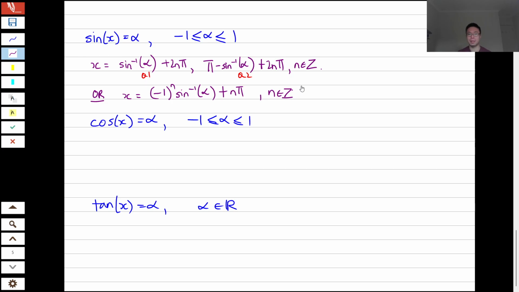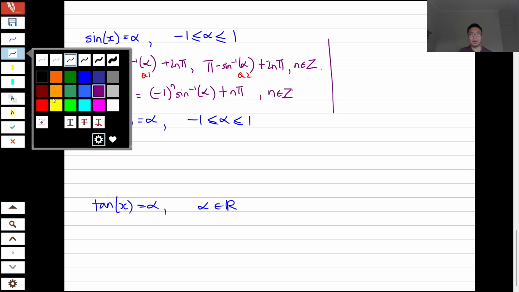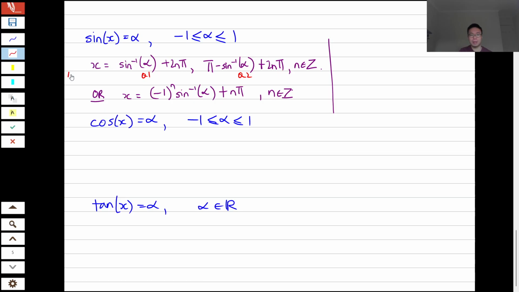Okay? Now, things you need to know. Here, I'm assuming alpha is positive. If alpha is negative, these formulas still work, but you've just got to remember that now you're looking at quadrant 3 and quadrant 4. But the formulas will still work. So why does this work?